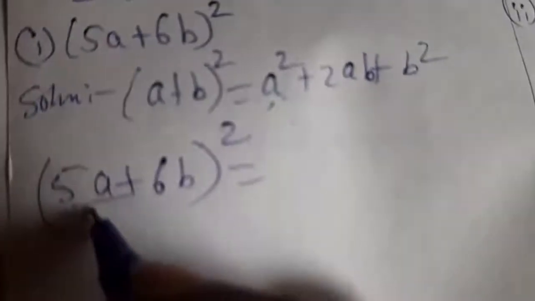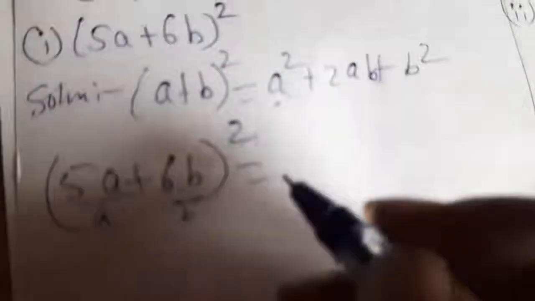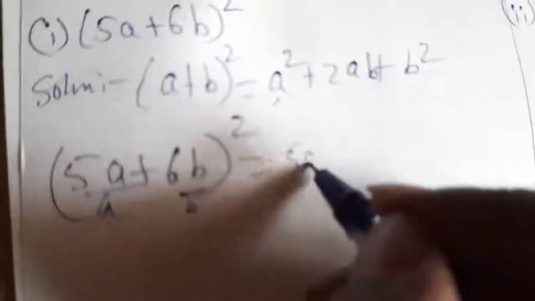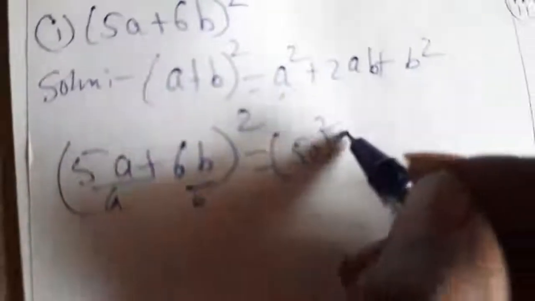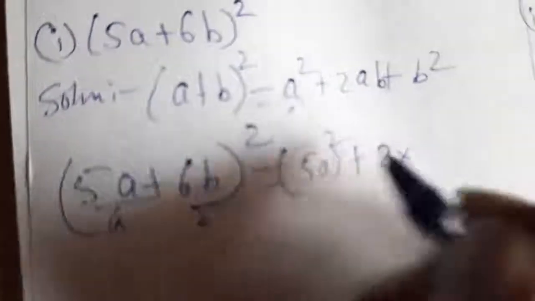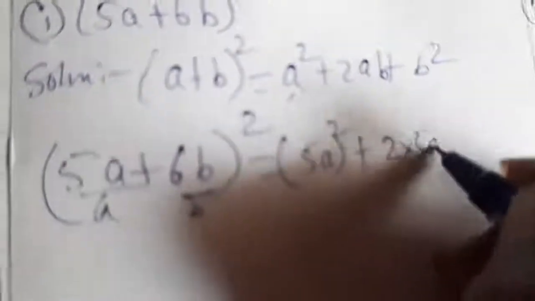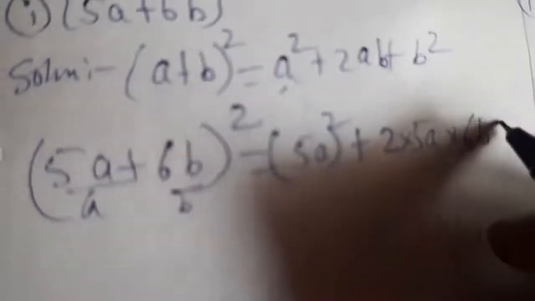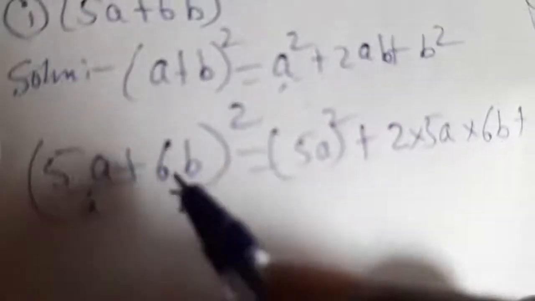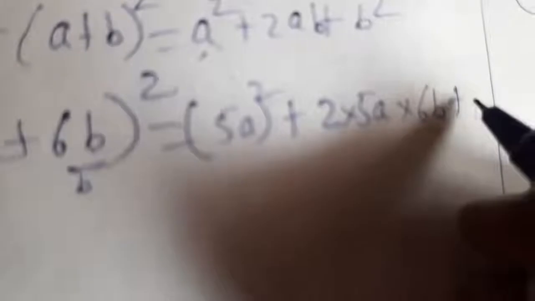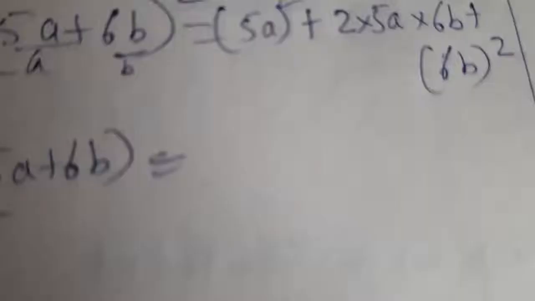With pencil you can write down, this is my a and this is my b. So a square means 5a the whole square, plus 2 into 5a into 6b, plus b square, that means 6b the whole square. Okay, now the next step.